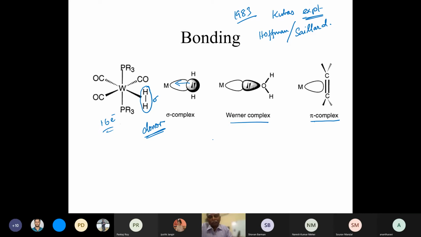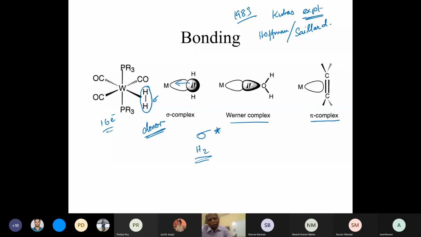So this was suggested, and more interestingly, you can have pi back donation into the sigma star orbital. The sigma star orbital of H2 has got the right symmetry for accepting electron density into the hydrogen.